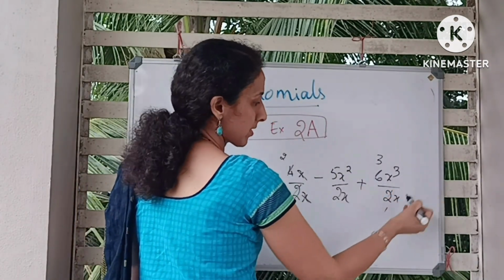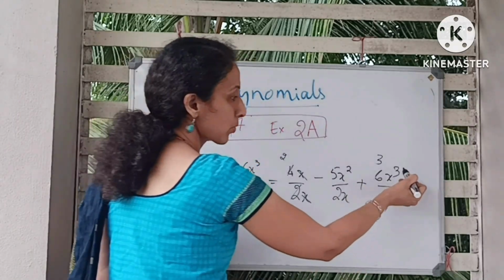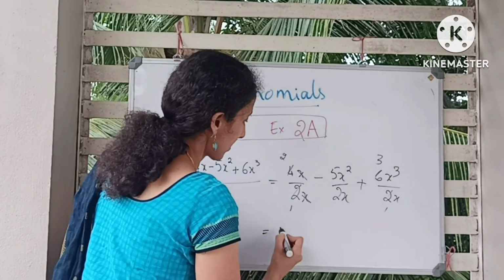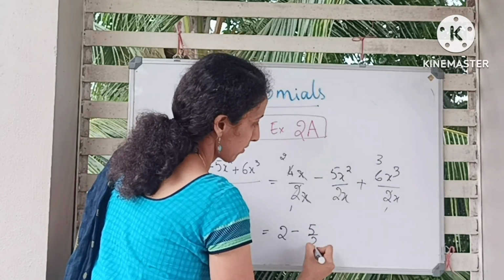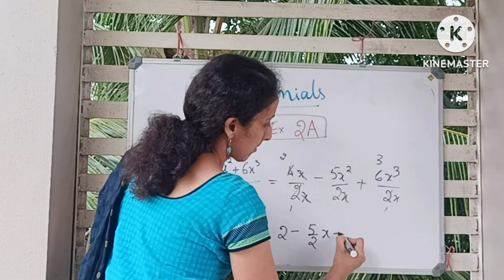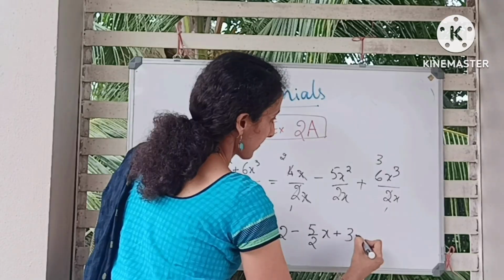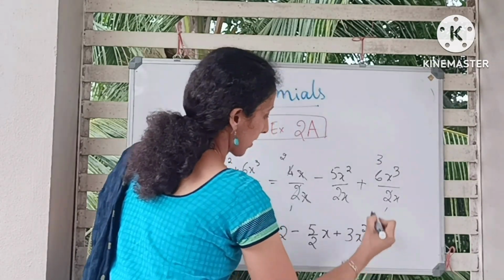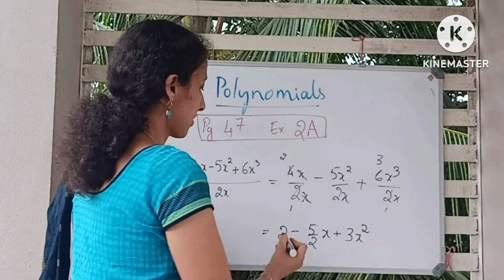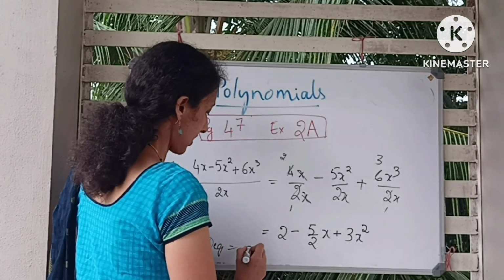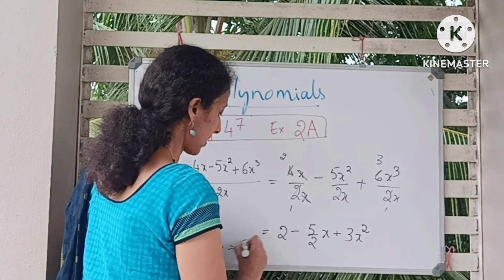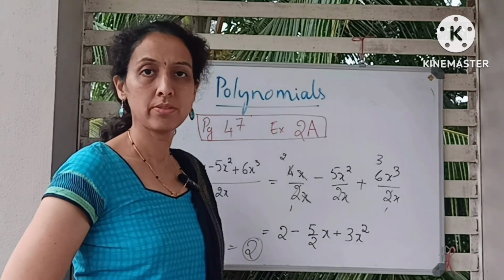Here x into x into x divided by x, 2 x's remain. So this is 2 minus 5 by 2 x plus 3x square. So the degree of this polynomial is 2, that is the highest power of the variable.